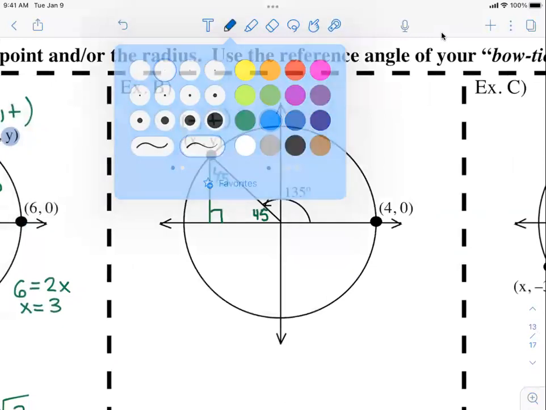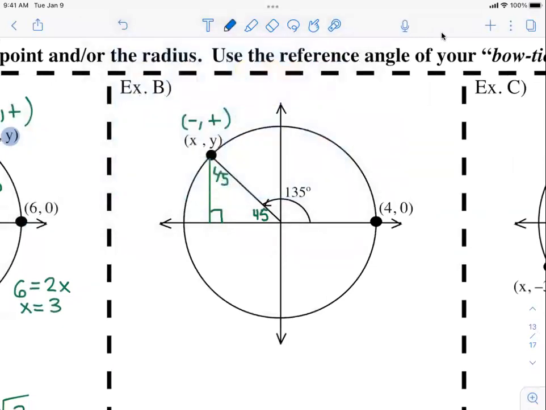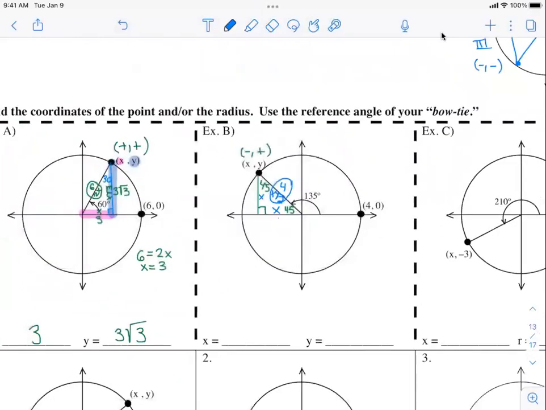So if we go ahead and label, we've got across from the 45 is x, and this is going to be x root 2. What do we know? They have one thing labeled for us. They have the radius is 4, which means this is also going to be 4 then, because both of them are going to be your radii. So that is the side that we know. So I'm going to go ahead and circle it and solve for x.